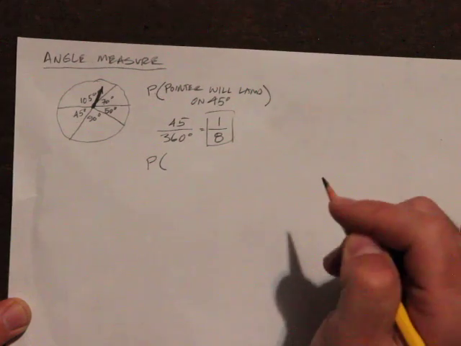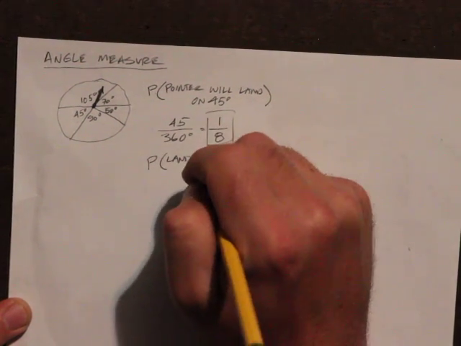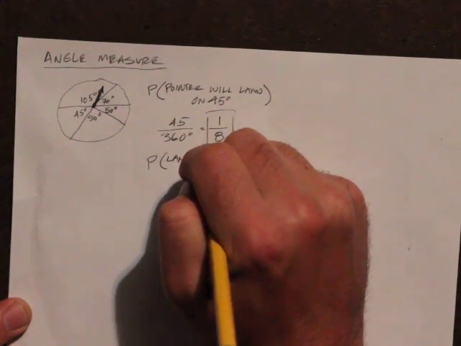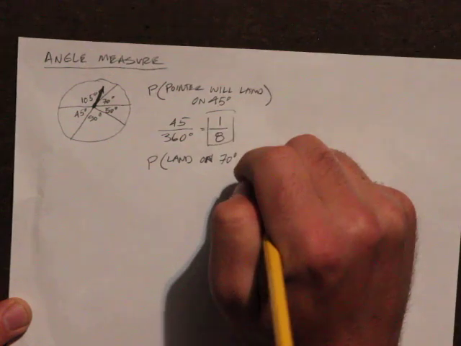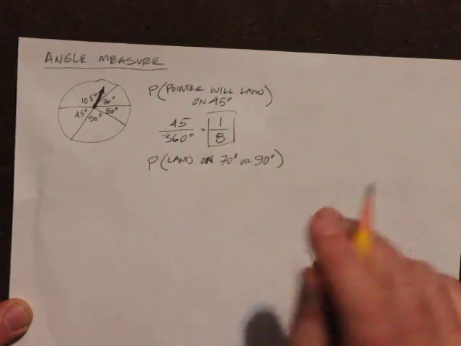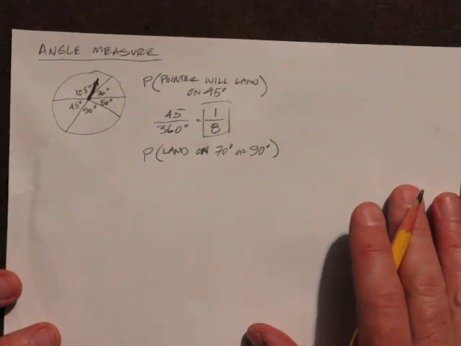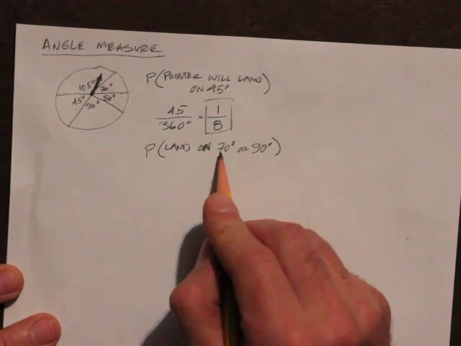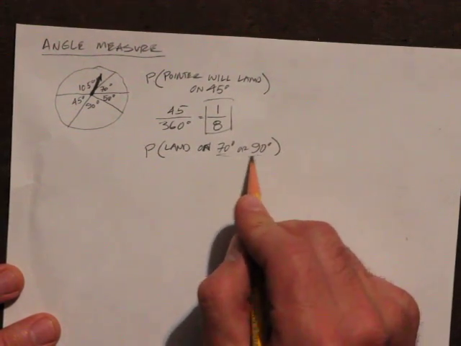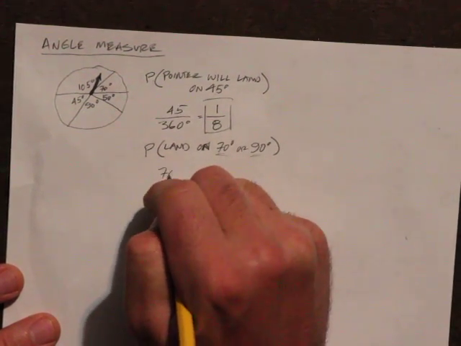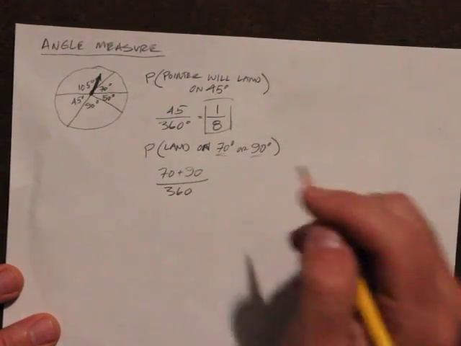So I'm going to find the probability that the pointer is going to land on 70 degrees or 90 degrees. Took it up a little bit of a notch, not too hard. So 70 or 90. All we do is, 70 is a target, and so is 90. So we add those together, 70 plus 90, all over the total, which is 360.